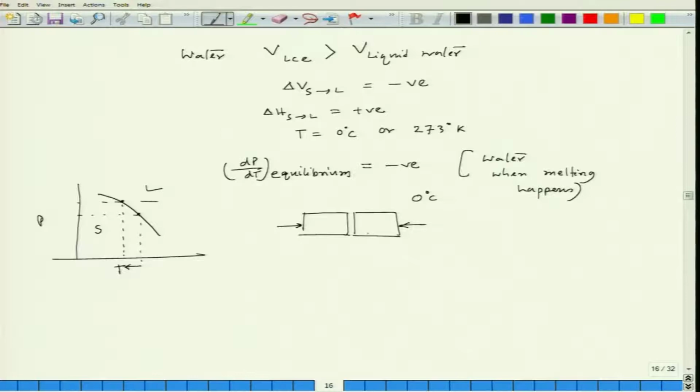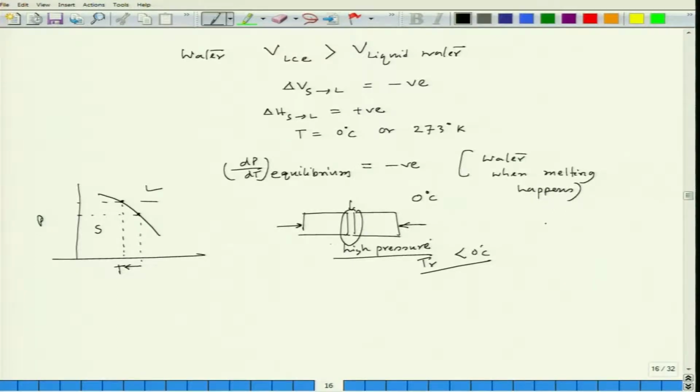At this point we are having very high pressure, and this pressure will take the melting point to less than 0 degree Celsius. That means the T transformation is less than 0 degree Celsius at this local region. So, if it is less than 0 degree, it has to melt, because the outside temperature is 0 degree.